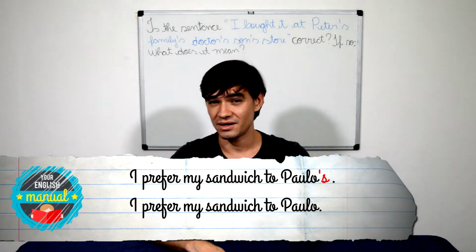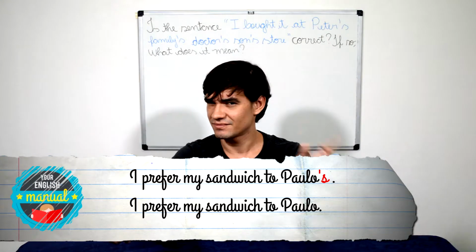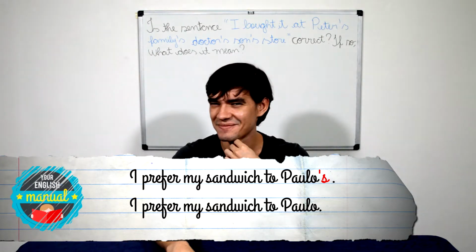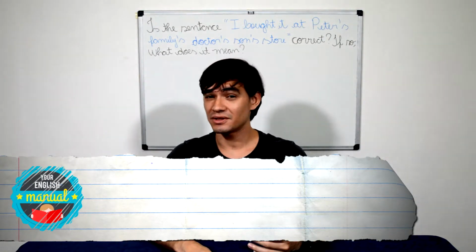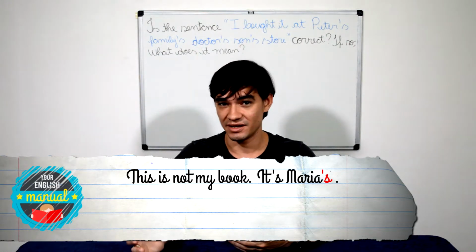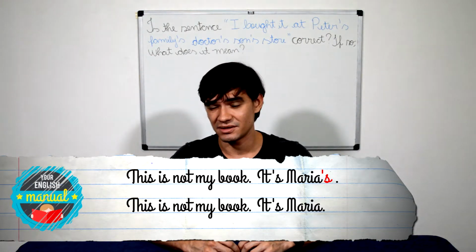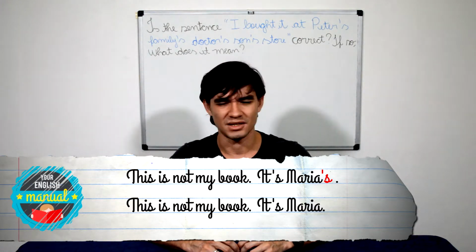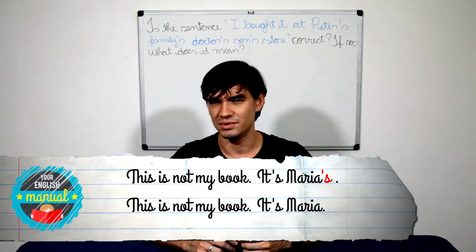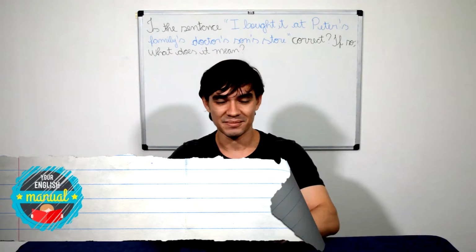There's no way I prefer a sandwich to a person, right? At least I hope not. And definitely don't forget the apostrophe s in this is not my book, it's Maria's, and end up saying this is not my book, it's Maria. There's no way Maria can be a book, right? Well, you guys understand. Remember the apostrophe s.